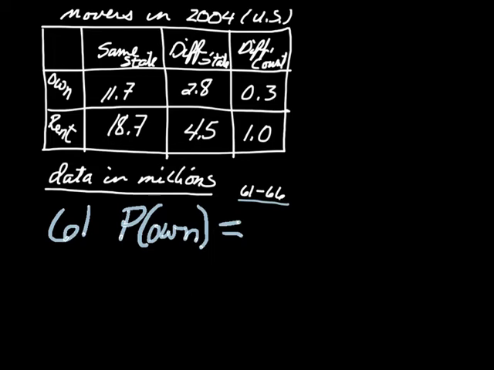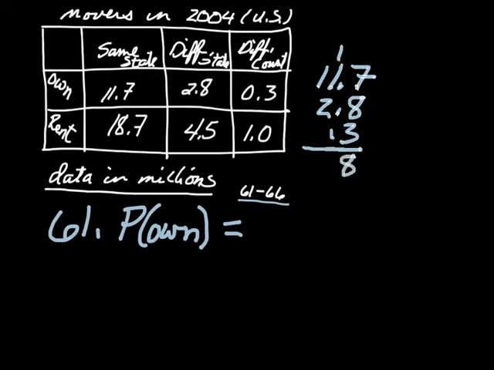So all my owners, as you can see, are right here in this row. So because those are all my owners, I would like to add them up. So I take 11.7 million plus 2.8 million plus 0.3 million, and that leaves me with 14.8 million.